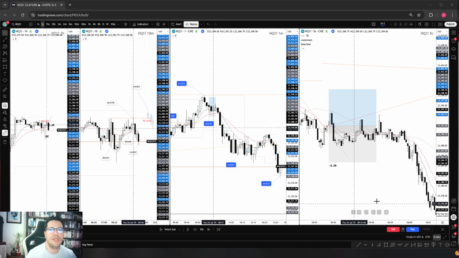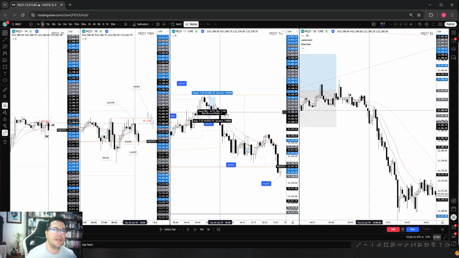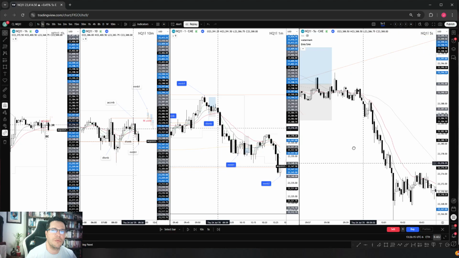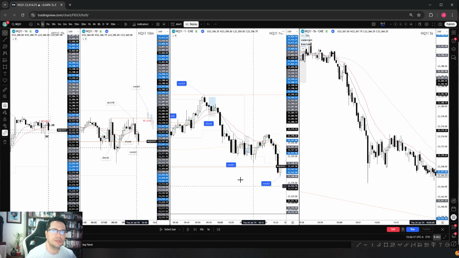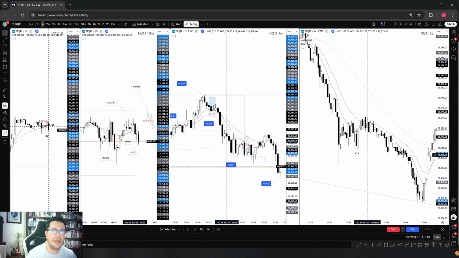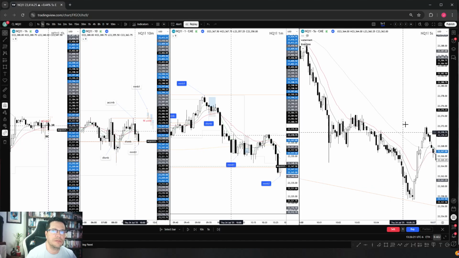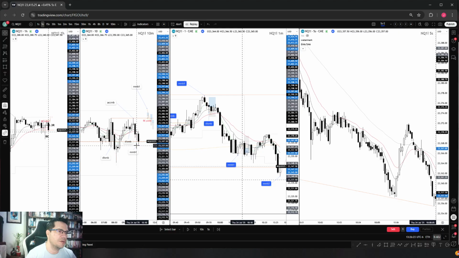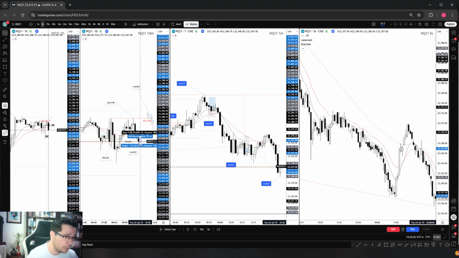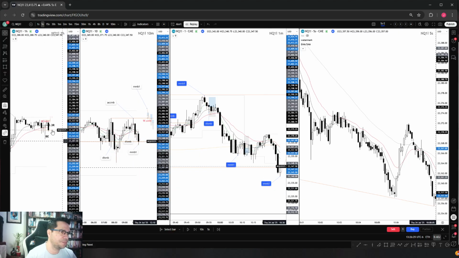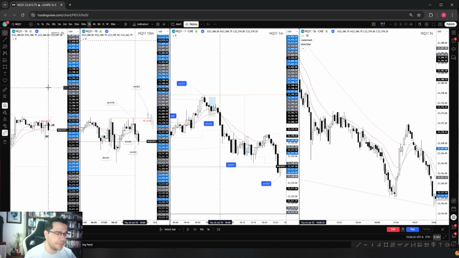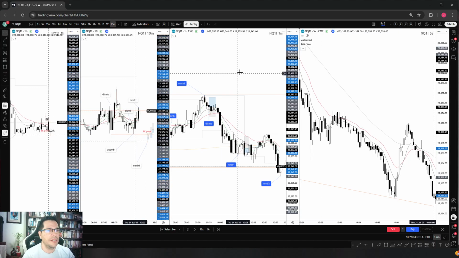So let's continue. From there again, we saw that price went down, and from here, as I saw again price going aggressively below the EMAs, I flipped the charts again.